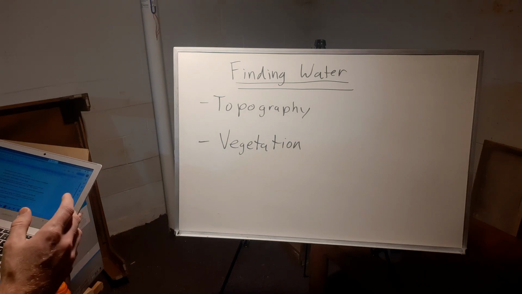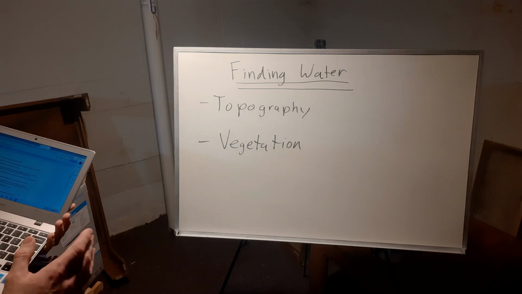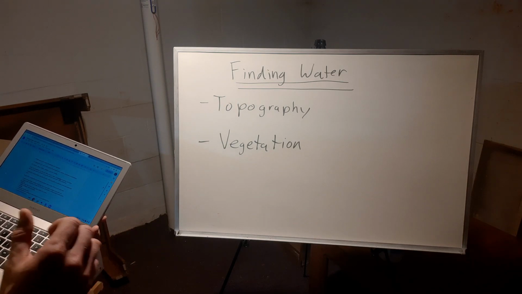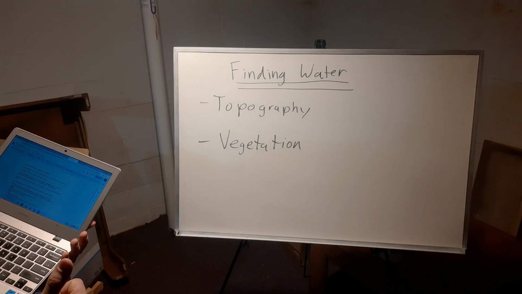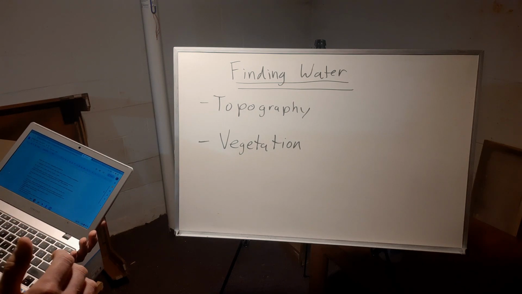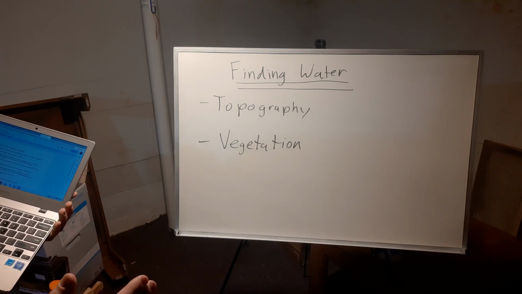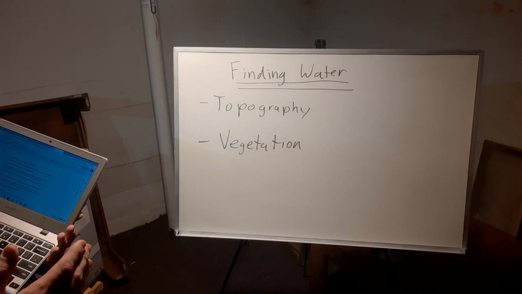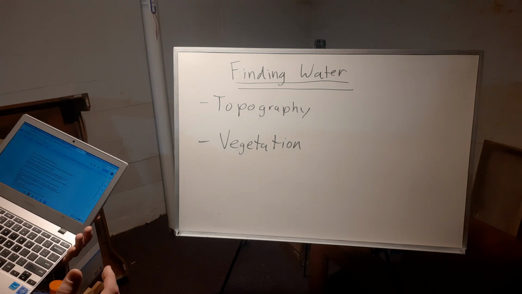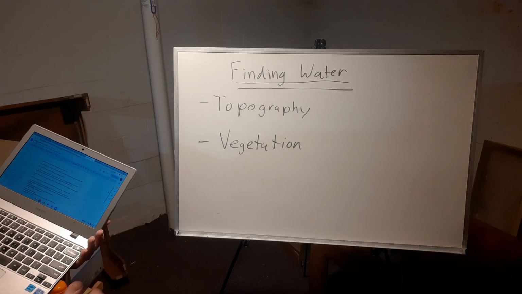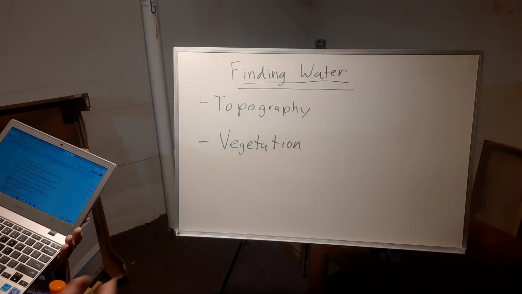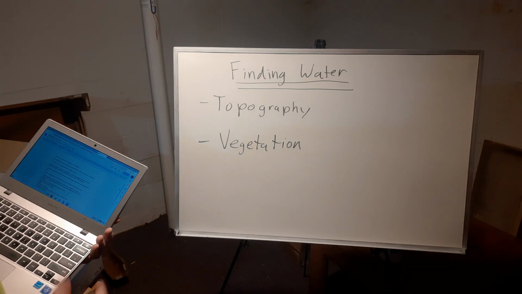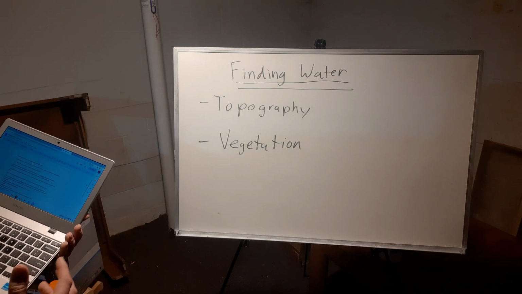So you want to generally look for topographical features that are going to collect water, where water will flow through, or kind of funnel water, okay? And where water would condense or precipitate, all right? So where water flows, where water would collect, where water would condense, and where water would precipitate, okay?